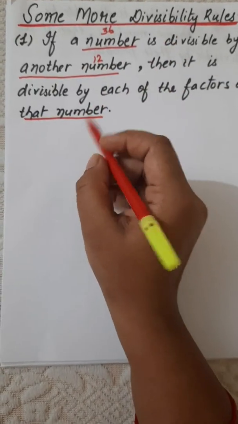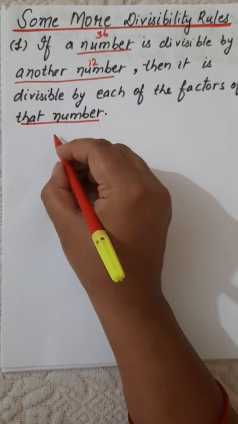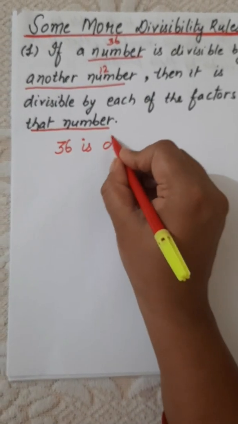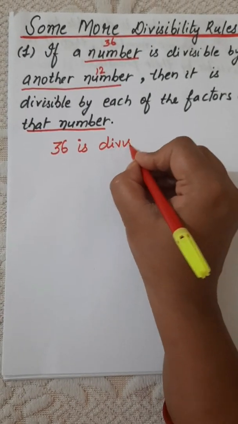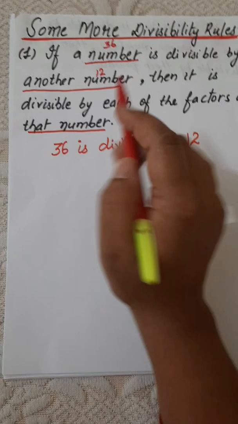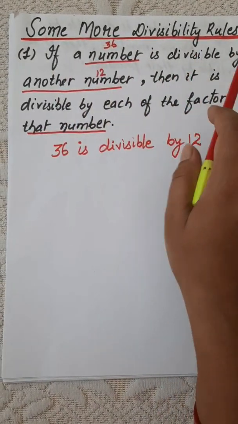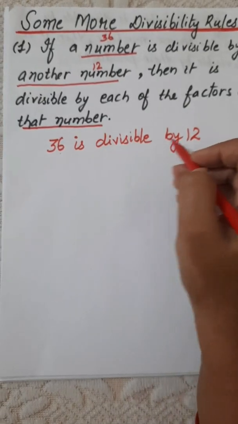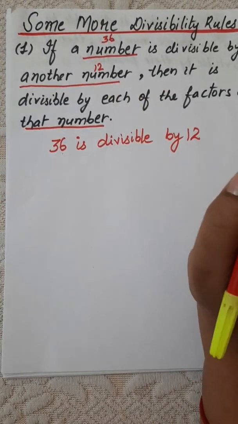So let's start. Now here we take a number 36. If I follow this rule, we have 36 divisible by 12. According to this line, if a number is divisible by another number, here 36 is the number and 12 is the other number.